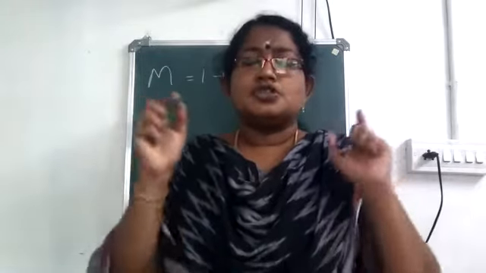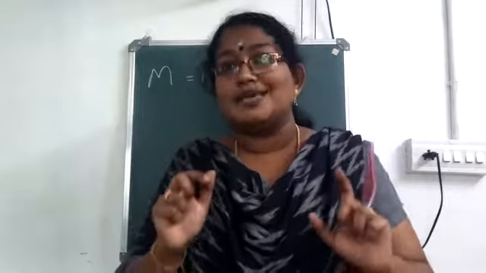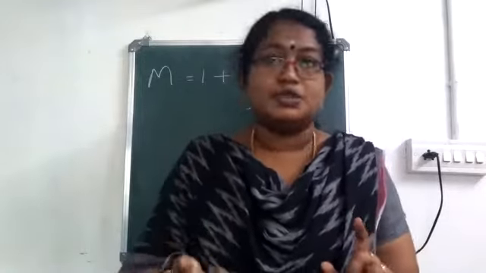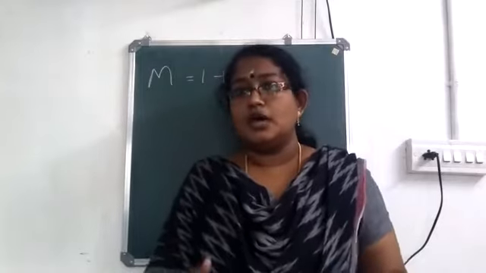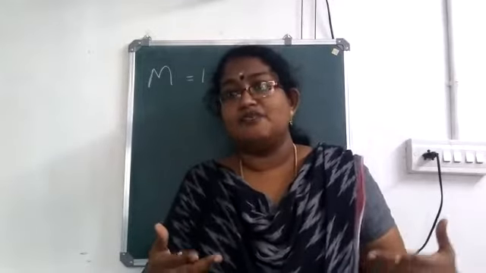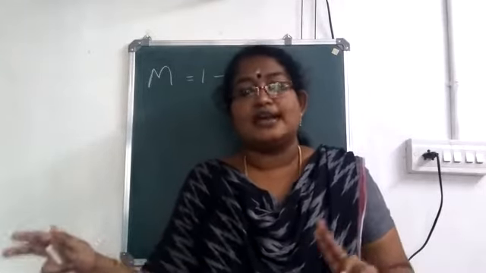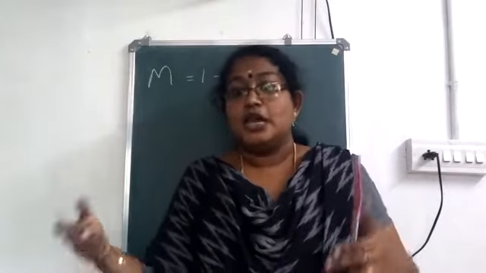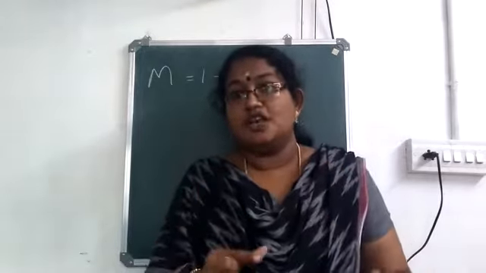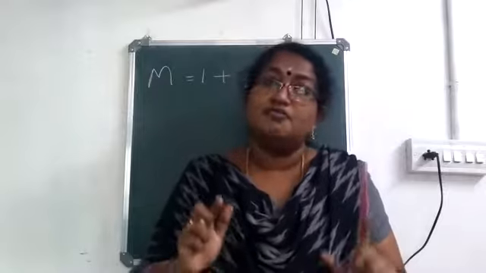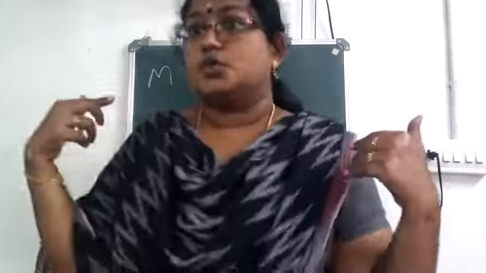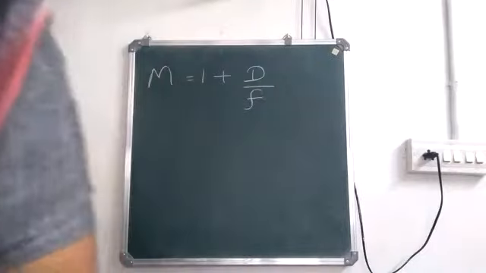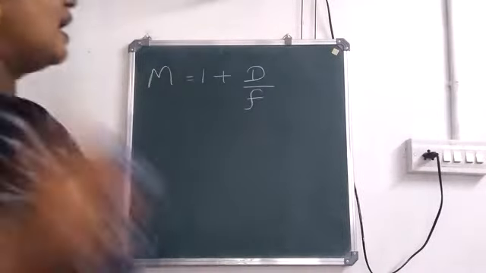Normally a convex lens is used as the objective, so you can see the word objective in the textbook. So in camera, telescope, etc., this is used.